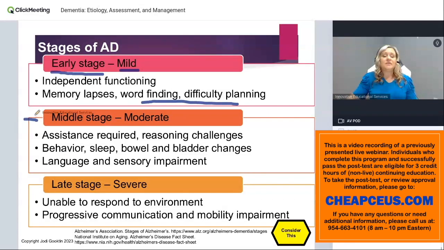Someone who is at the middle stage of the disease, with more of a moderate impairment to their cognitive abilities, needs some assistance. However, they are still able to learn new things. We still have opportunities here to help improve the functioning for this individual.